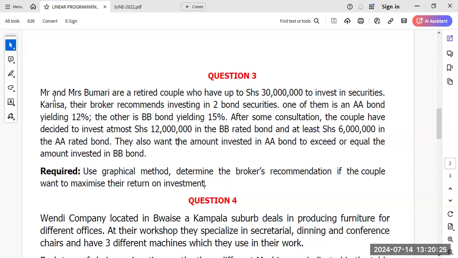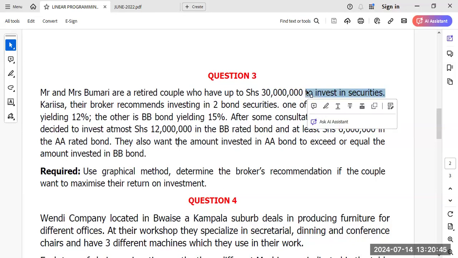We start from here. Mr. and Mrs. Wumari are a retired couple who have up to shillings 30 million. What comes into your mind here? To invest in securities.